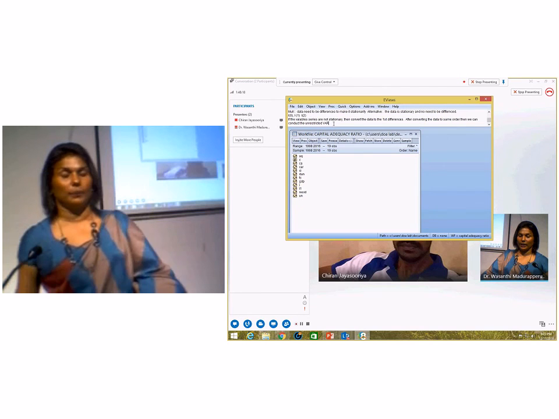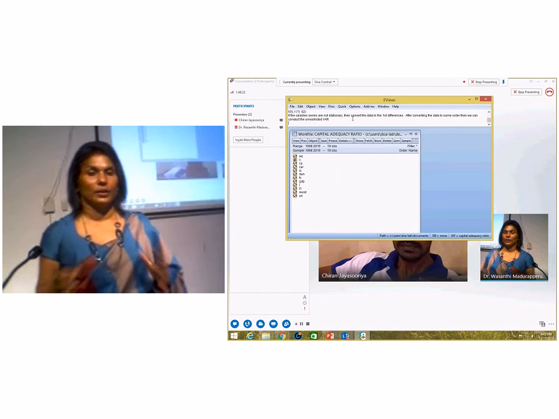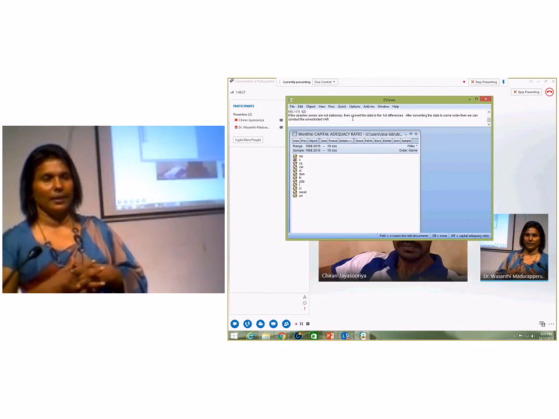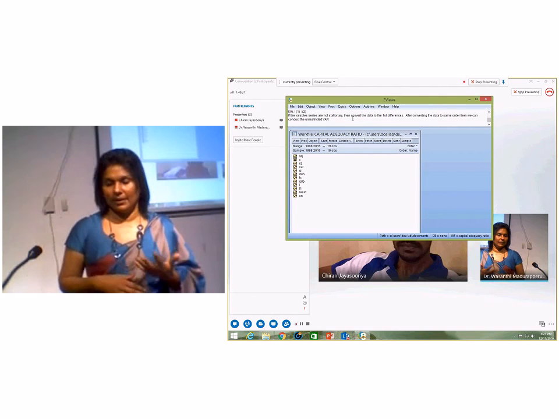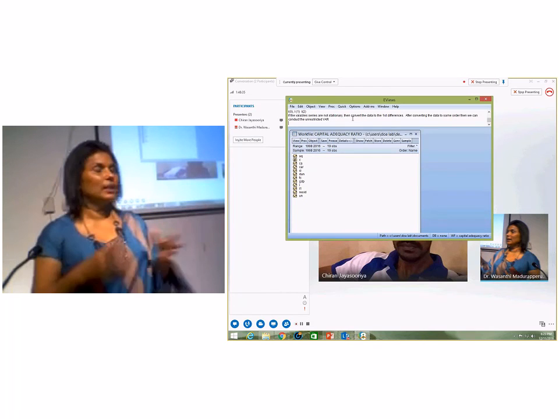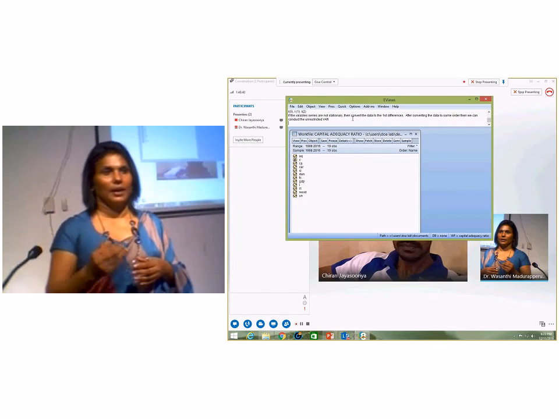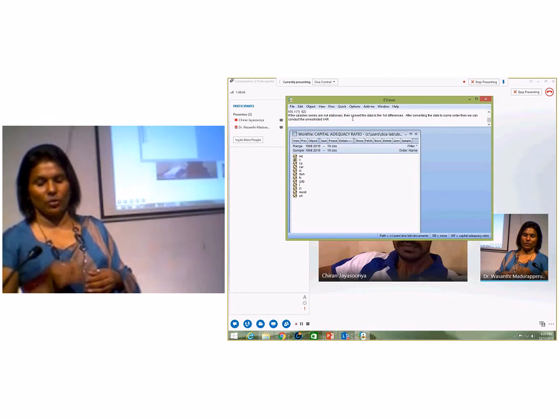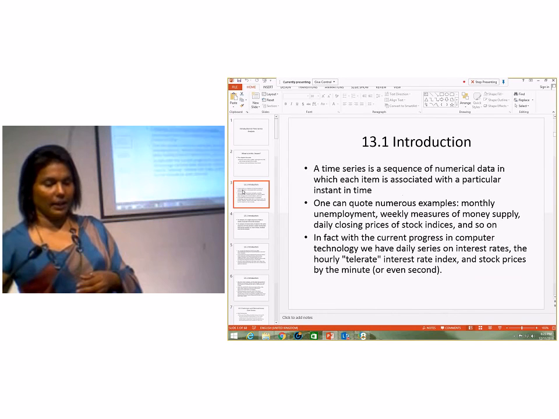If the data series are stationary, first, if you have time series data, first check; don't analyze the data series as it is, because it includes unexpected changes.